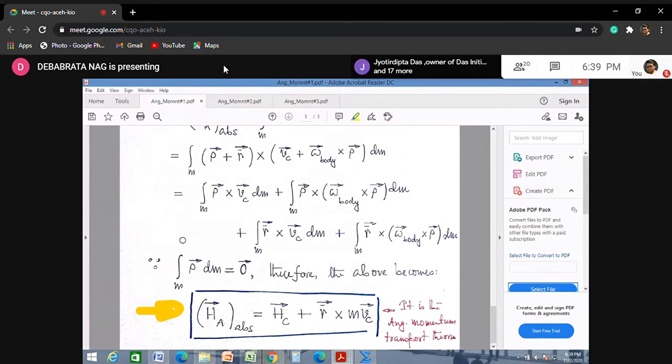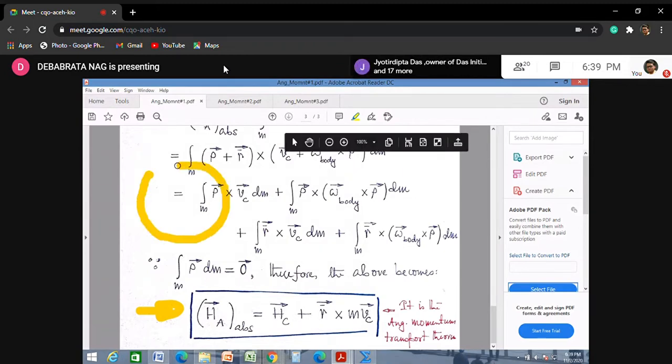where if I am to calculate, suppose a rigid body is being given, and we have been given any point over here, and the rigid body is having certain motion, and we have been told to find out the absolute angular momentum of this rigid body about this point.